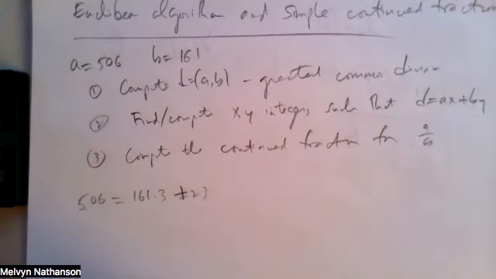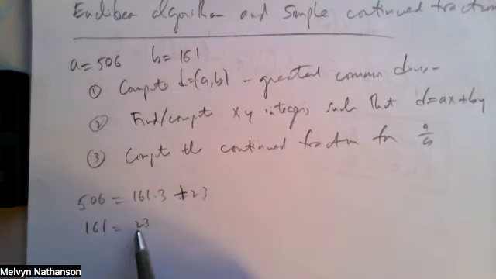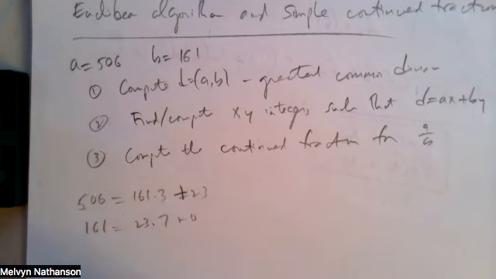That's the remainder. And then I take 161 and divide it by 23. 23 goes into 161 7 times exactly, leaving a remainder of 0.